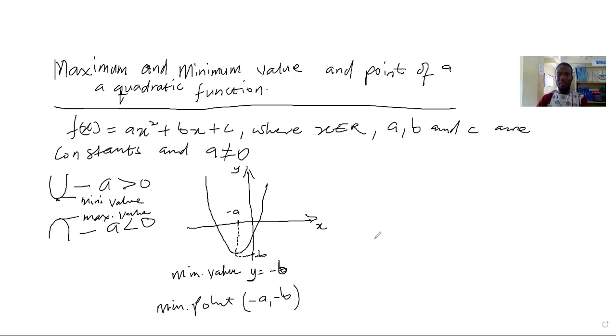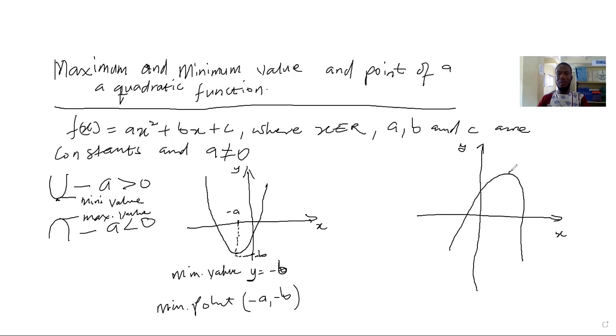Then also in the case where we want to sketch the second one, where a is less than 0 or negative, our graph will open downwards this way.